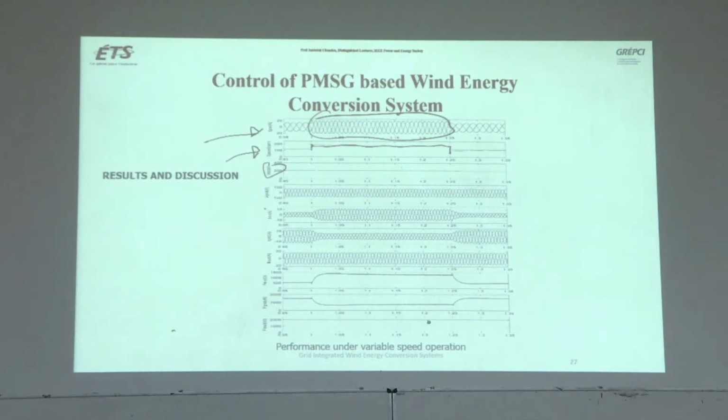This is VDC, this is the grid voltage which is constant and sinusoidal all the time. Okay, the load is 2 kilowatt. So why did the student put a 2 kilowatt load? Because he wanted to implement it in the lab. So in the lab we were having a 2 kilowatt machine.